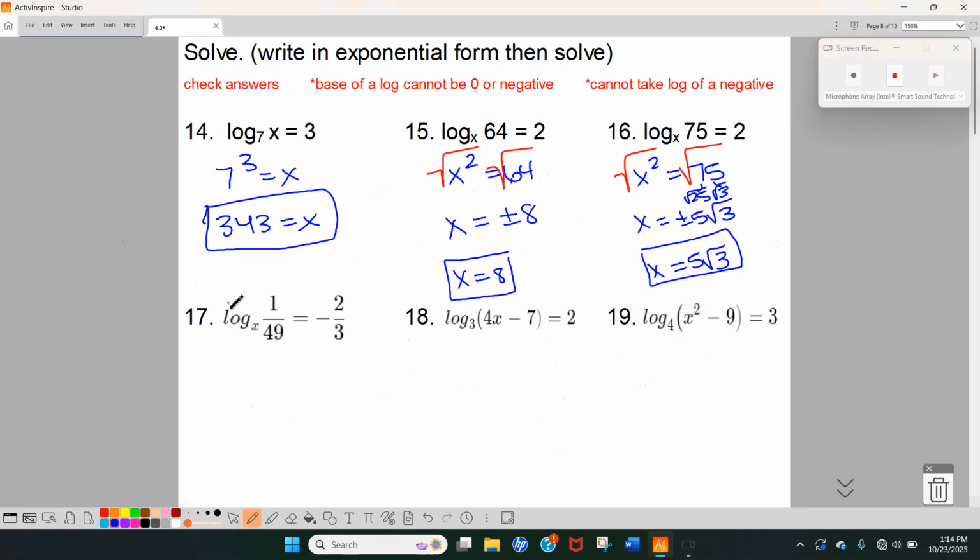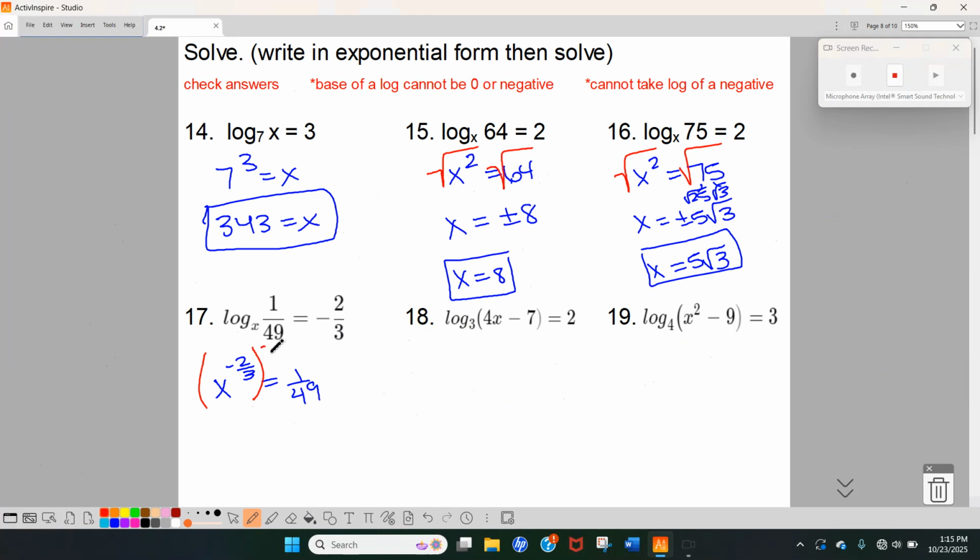All right, so for 17, we're going to say x to the negative 2/3 is equal to 1 over 49. All right, so remember when we have a fraction exponent, we learned to raise both sides to the reciprocal.